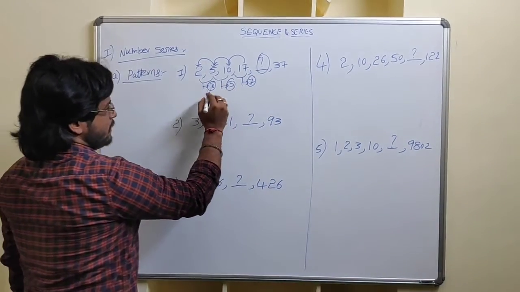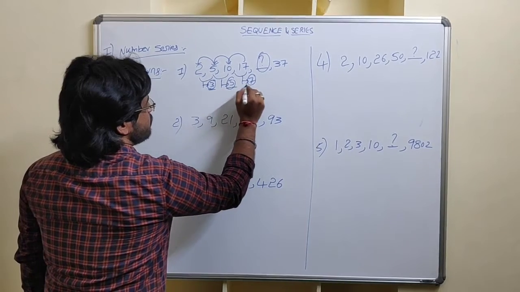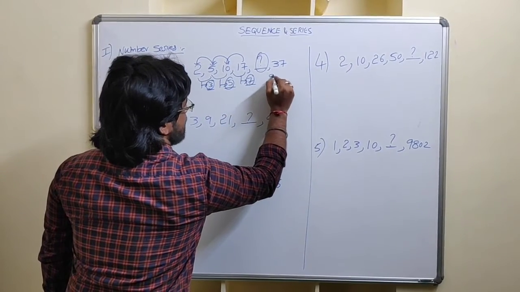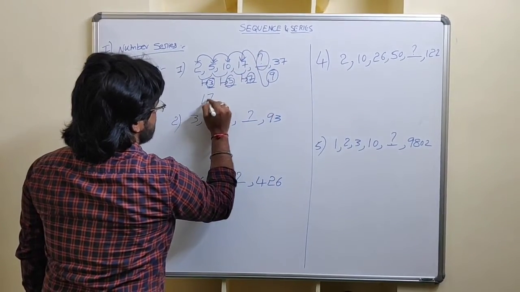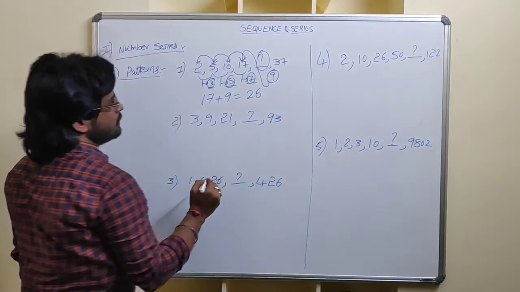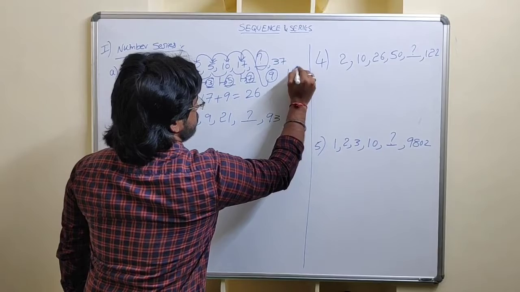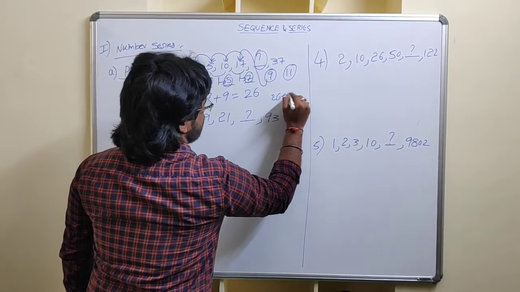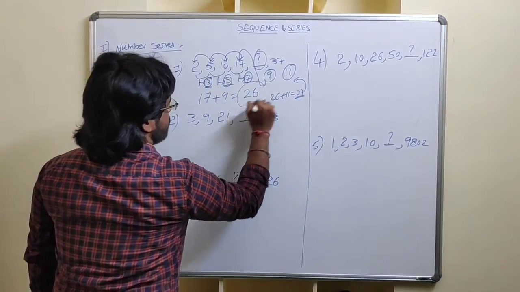So you can observe here the differences are 3, 5, 7. The next number will be 9, so you have to add 9 to the previous number. That means 17 plus 9, you get 26. After 26 the next difference is 11, then 26 plus 11 is 37. So the rule is satisfied. So the answer will be 26 only.